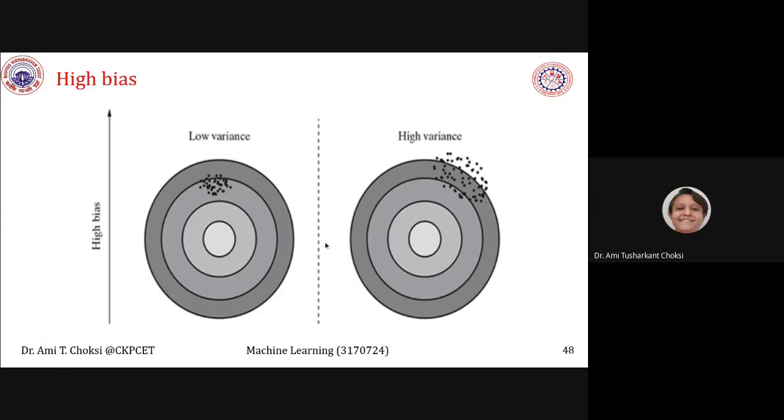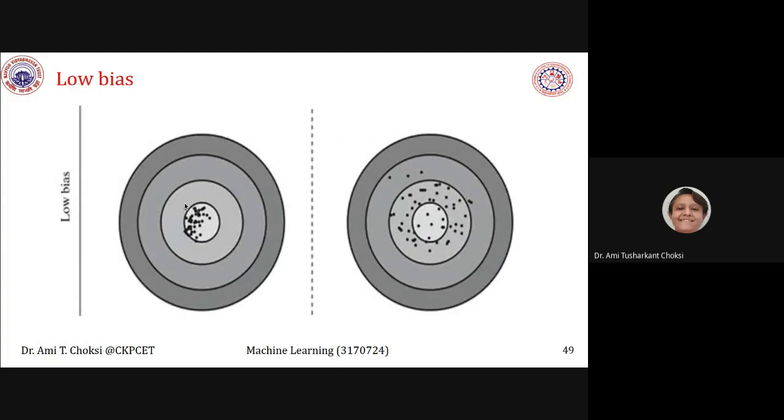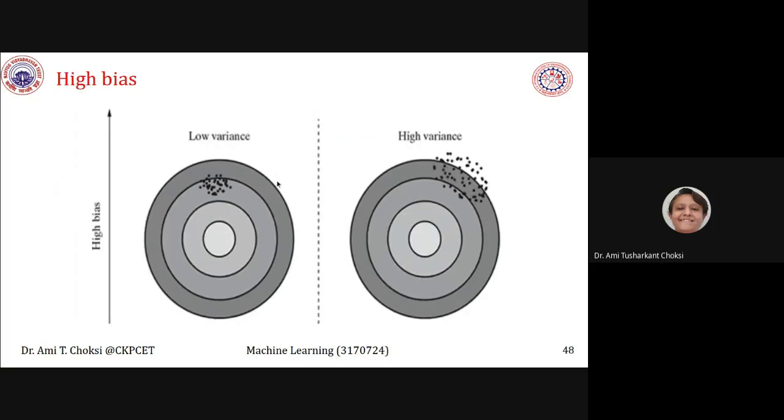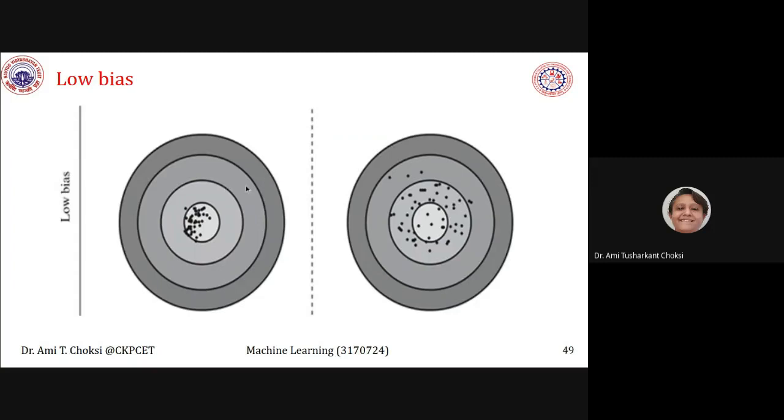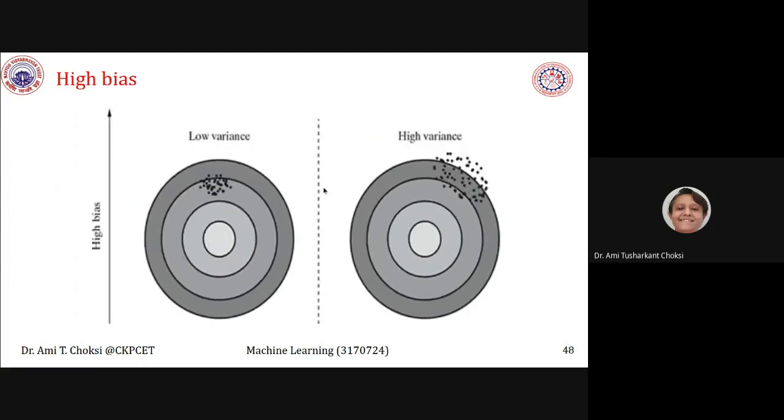Here we can say this is for low variance, this is for high variance and high bias, right? This is for low bias and low variance and high variance, right?